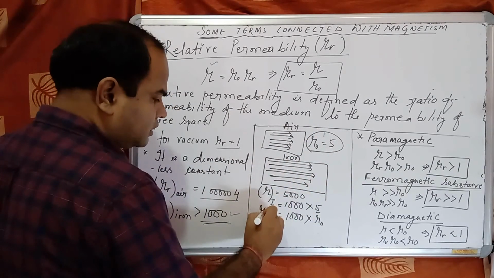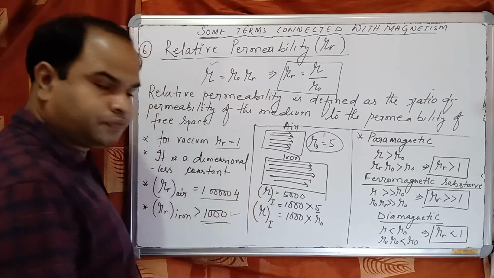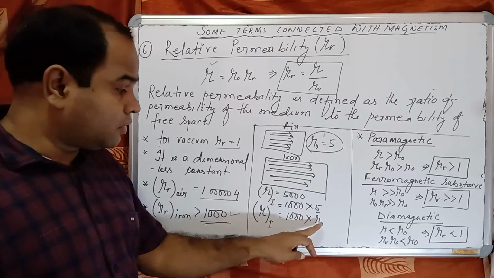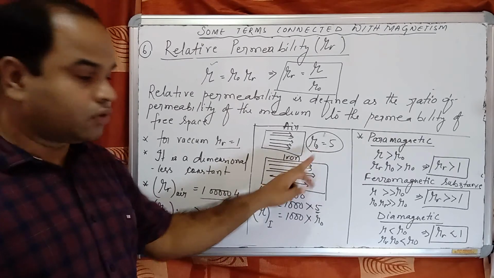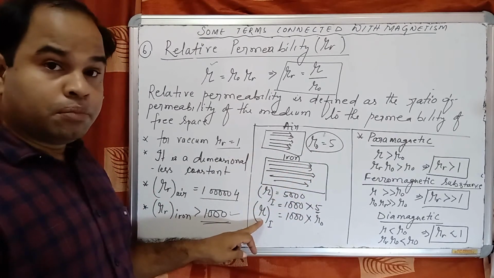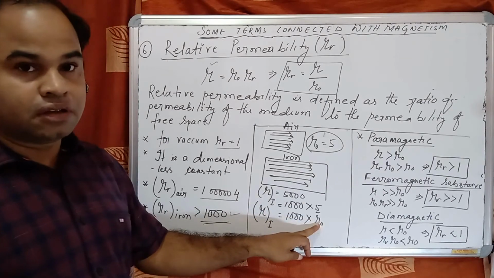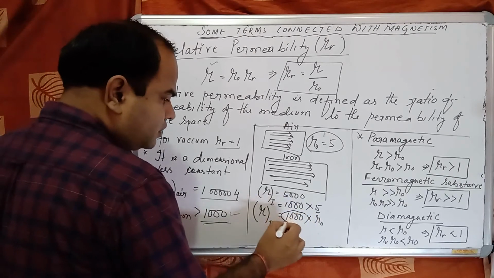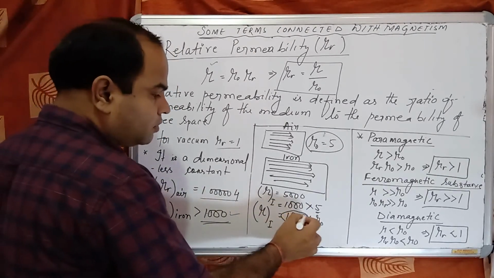So we can say this mu of iron is 1000 times the number of field lines allowed by air medium. This permeability of iron is 1000 times the number of field lines allowed by air medium.